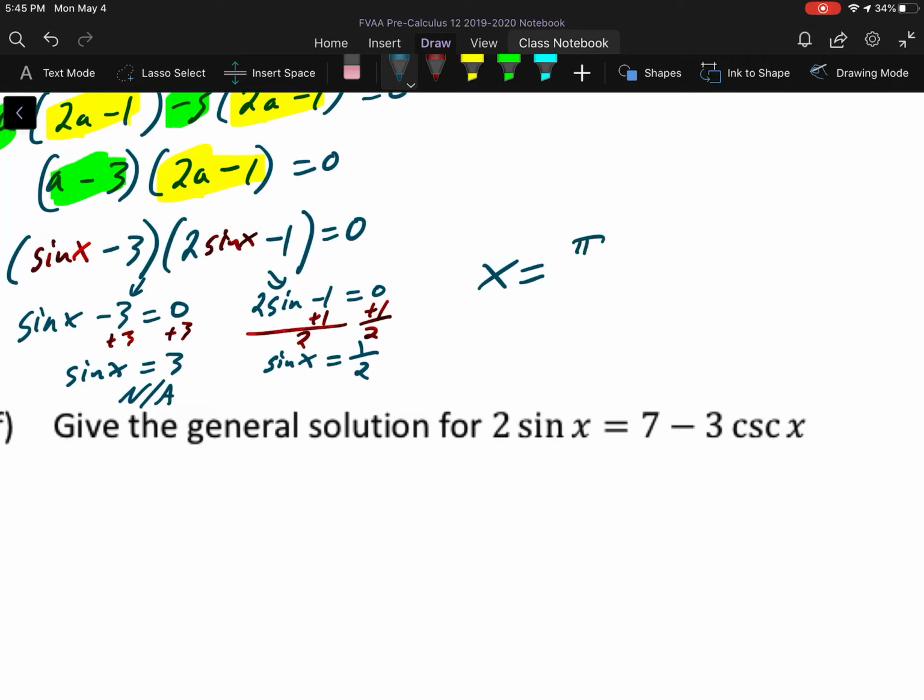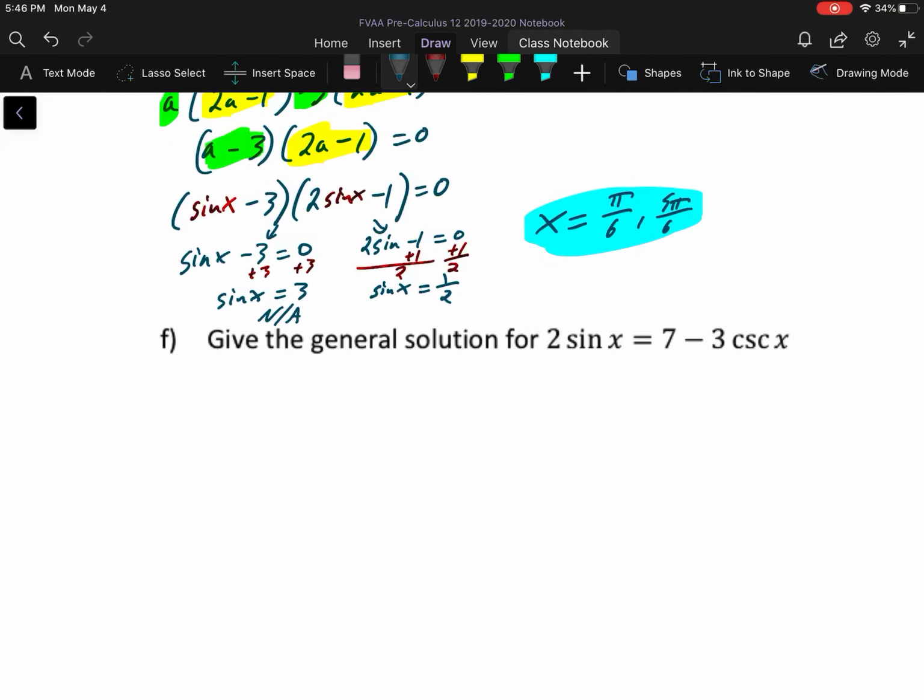At pi over 6. And where else? Sine is going to be positive in the second quadrant, and it's going to be pi over 6 before pi, so it's going to be 5 pi over 6. So those are my only two solutions here.